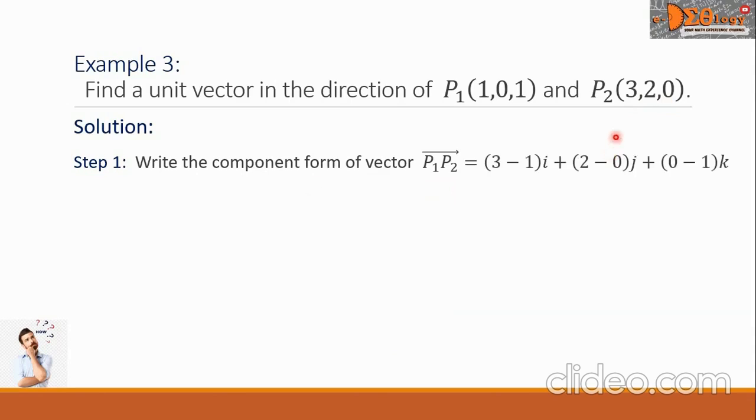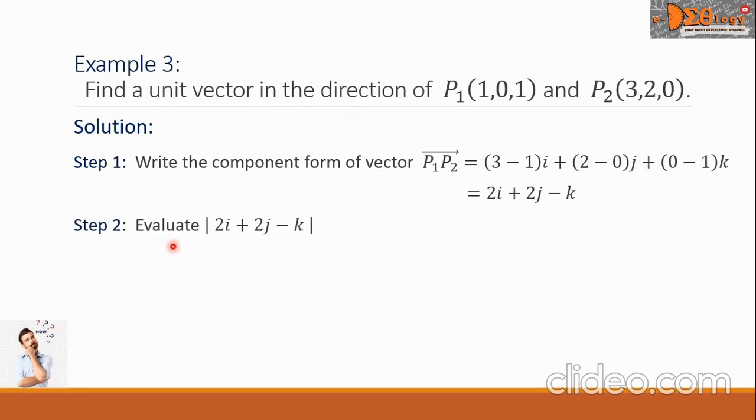So this will be 3 minus 1 times i, plus the quantity 2 minus 0 times j, plus the quantity 0 minus 1 times k. And this will be simplified into 2i plus 2j minus k. This is now the vector.